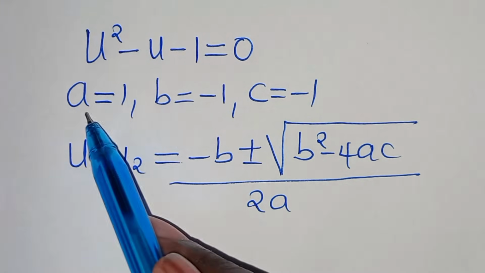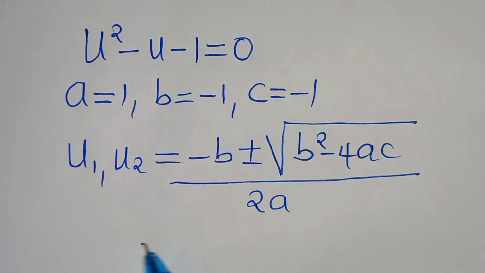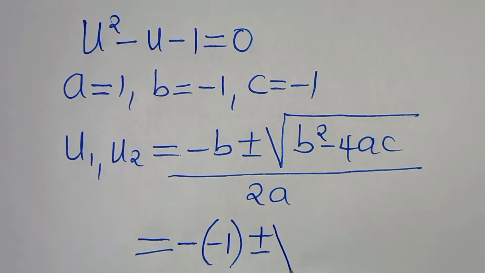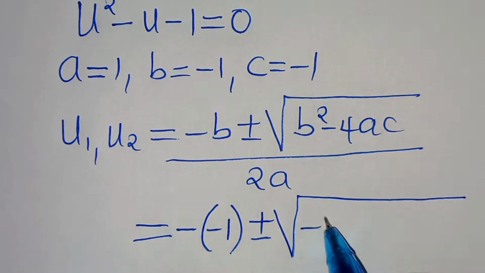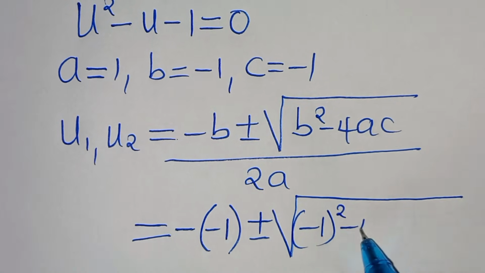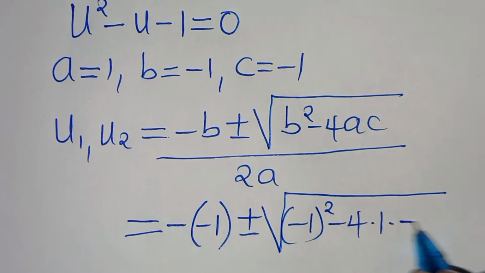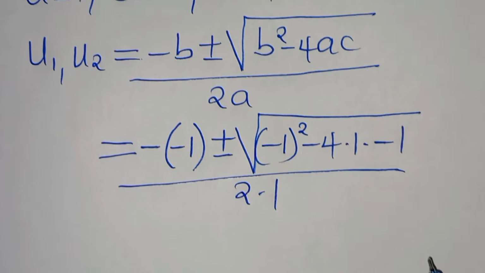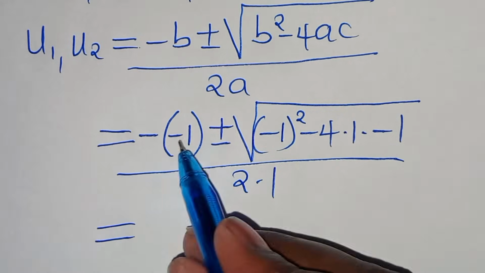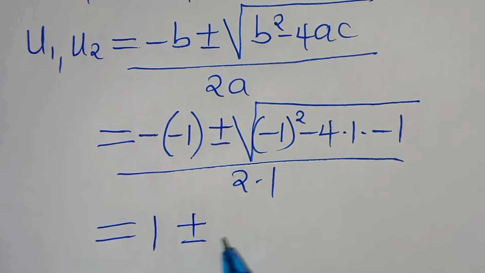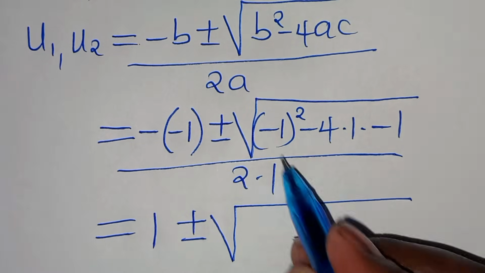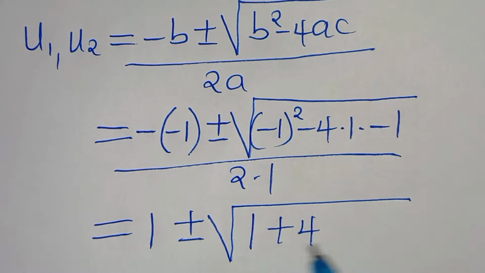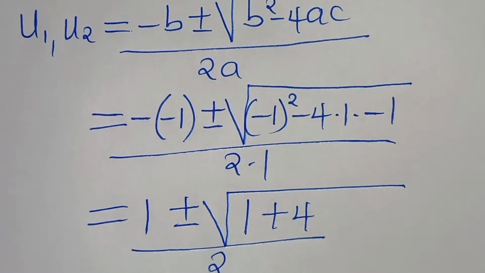Now let's substitute the values of a, b, and c in this formula. So this is minus times minus 1 plus or minus the square root of minus 1 to the power of 2 minus 4 times a, which is 1, times c, which is minus 1, everything divided by 2 times 1. So minus times minus 1 is 1, plus or minus the square root of minus 1 squared, this is 1, minus 4 times minus 1, this is plus 4, everything divided by 2.